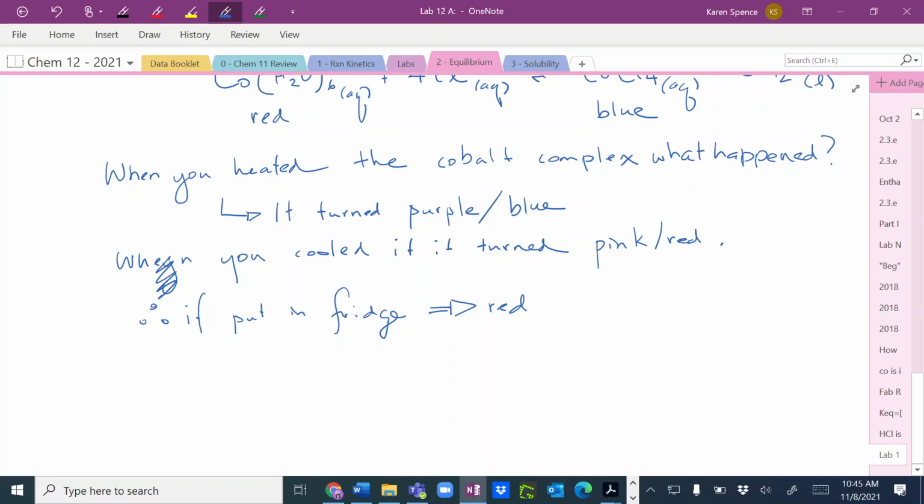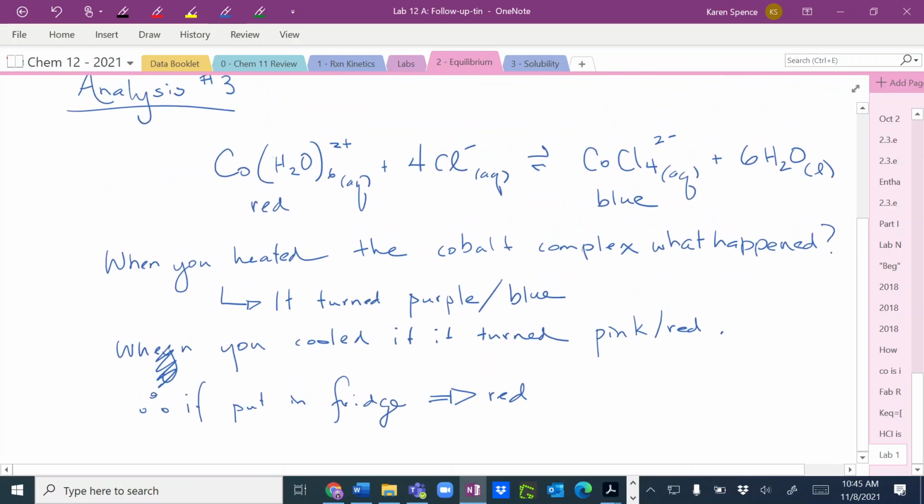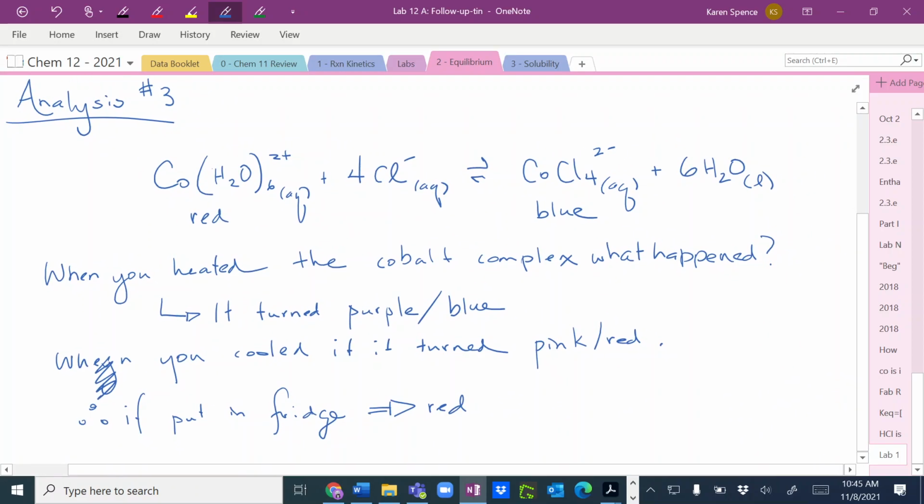Okay, number 5. Predict how the addition of sodium chloride would affect this equilibrium. And so again, we're looking at this one. So now we're doing analysis number 5. And now we are adding NaCl.